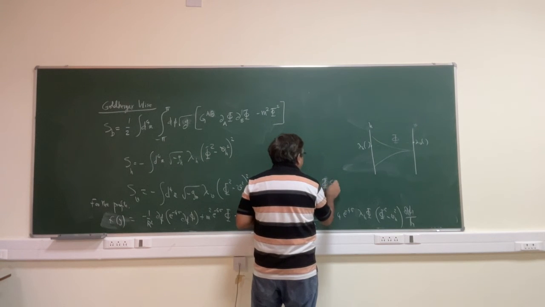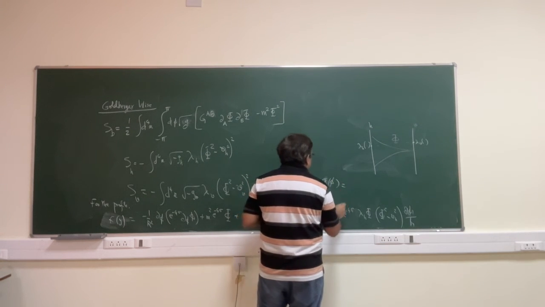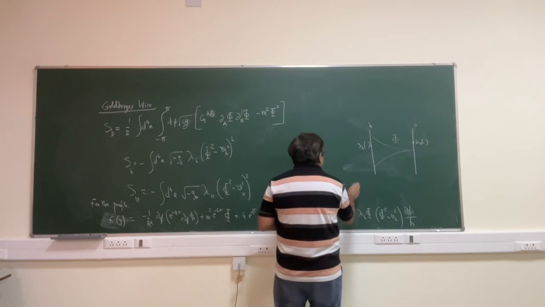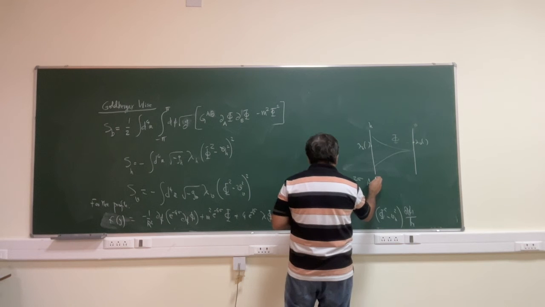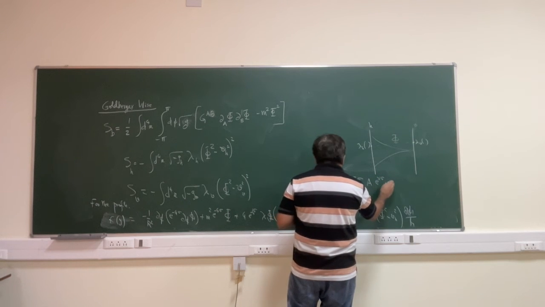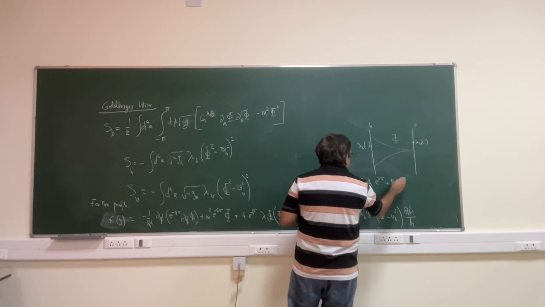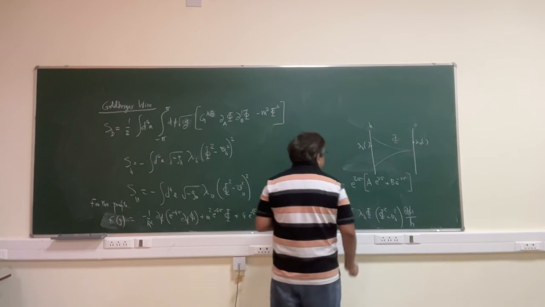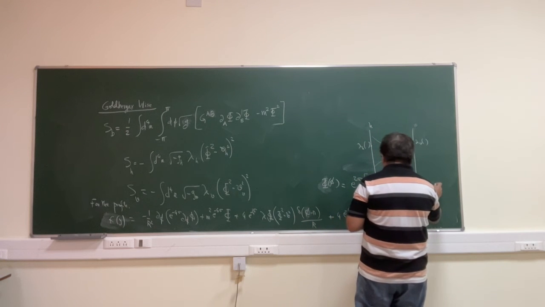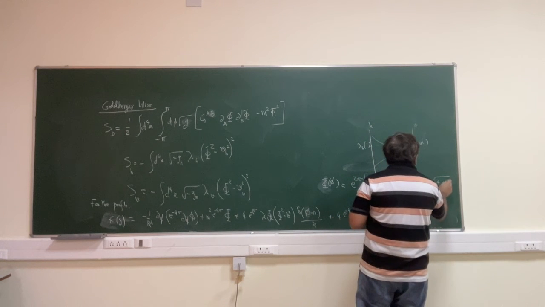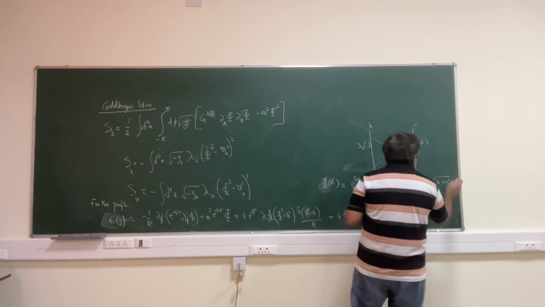Phi of phi is equal to e power 2 sigma, a e power mu sigma plus b e power minus mu sigma, where nu is equal to, what we called b in the previous graph, 4 plus m square by k.